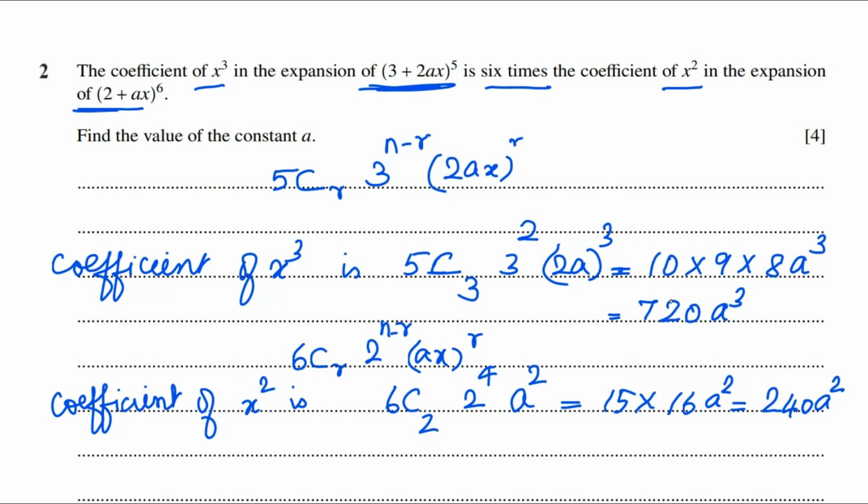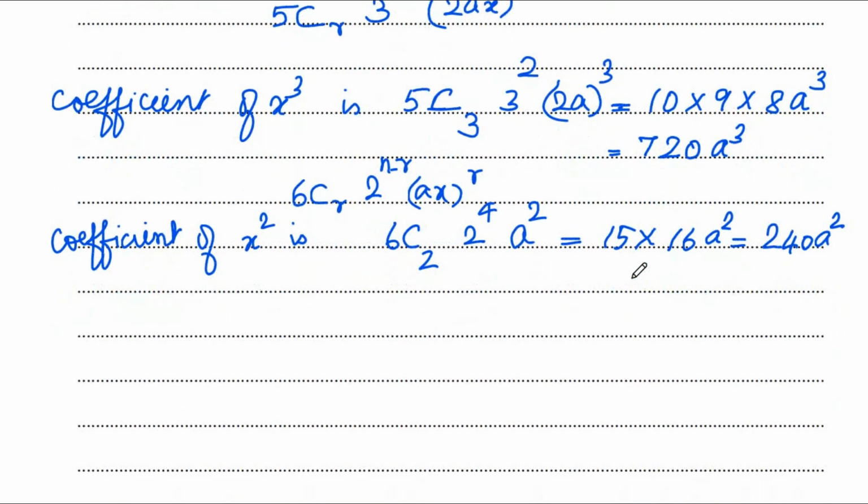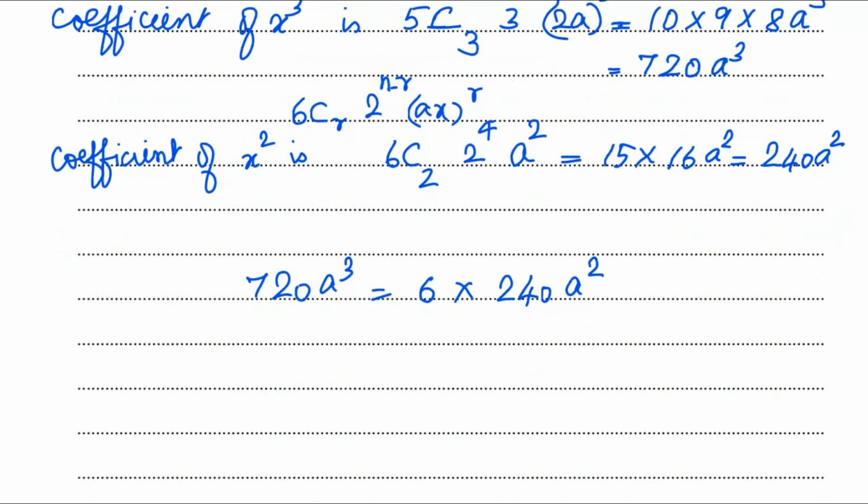So 720a cubed equals 6 times 240a squared. Now bring all the a terms to one side.